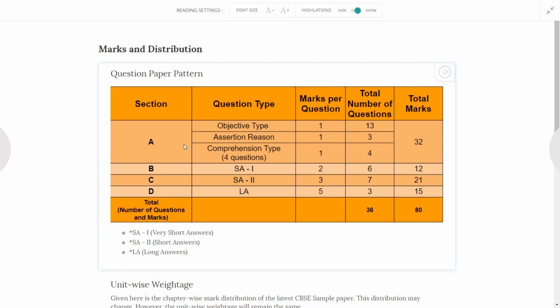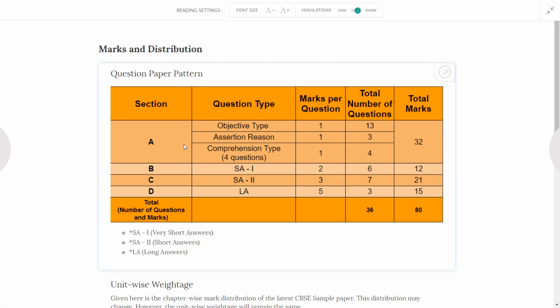You have to read the passage, and based on the passage you will be given 5 multiple choice questions. Out of these 5 multiple choice questions, you have to answer any 4 questions. The total marks for this section A is 32.